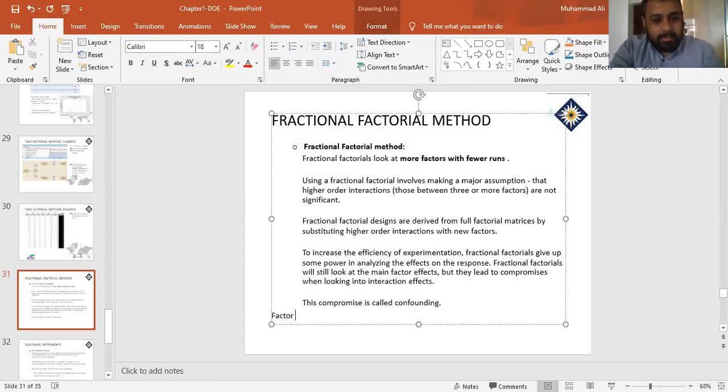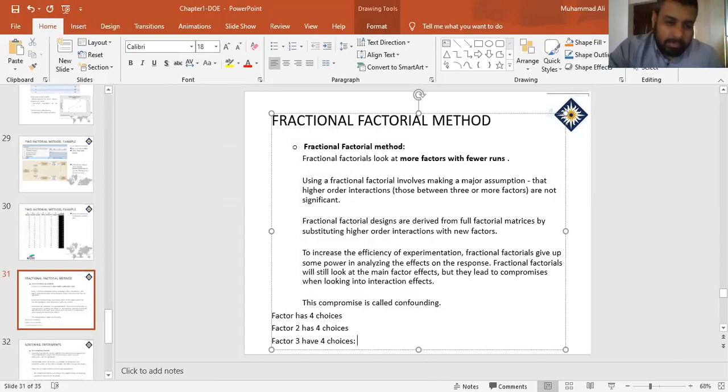So now you have 3 factors, and each factor has 4 different levels. So you have to do the experiments 64 times.